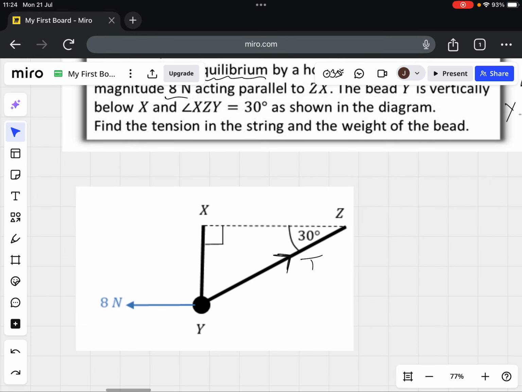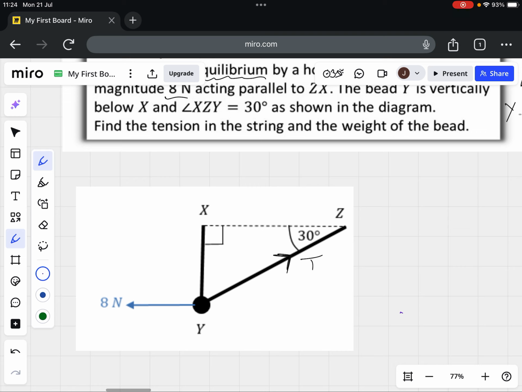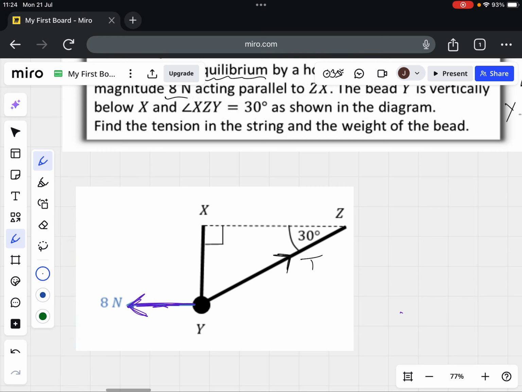So we then need to resolve it the usual way. So it's either going to be up, down, left, right. I would encourage you to do up, down, left, right on this question because it fits the diagram, and that's the general advice. So I'm going to make that one there horizontal. Let's do some verticals. I'm going to say that's that one there.